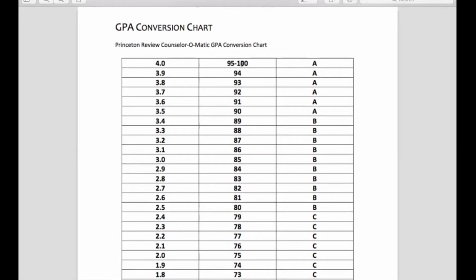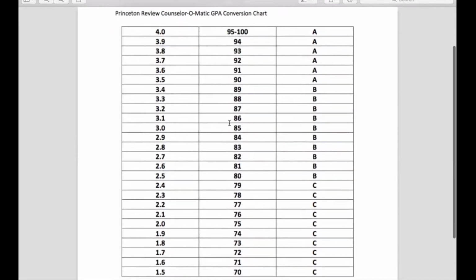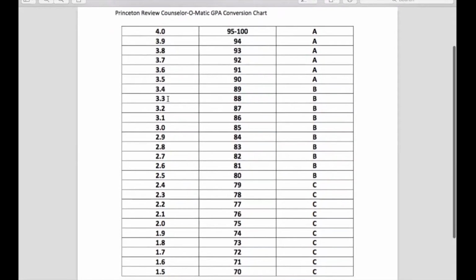So no matter what your high school gives you, you want to understand what it is and where you are in the rankings. If you have all Bs, you might be between a 3.0 and a 3.4 GPA. But if you have all As, you would be closer to the high 3s and closer to a 4. So understand your GPA before we get moving.